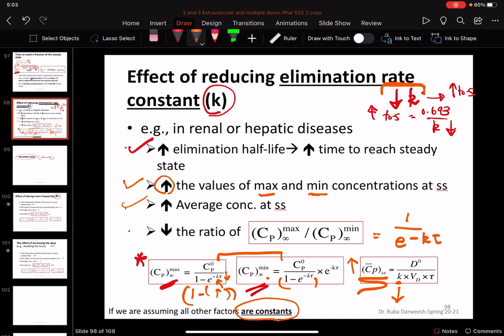And this, if you remember, is equal to one thing, which is what? Which one of the terms that we just mentioned a minute ago? It's the same as the fluctuation, okay? So as K is in this term, if it's decreasing, the whole term is decreasing, so the ratio, 1 over a smaller number, would be increasing. Okay?